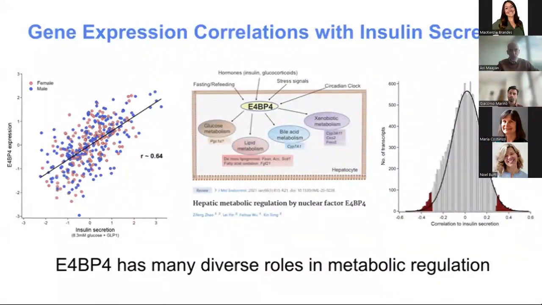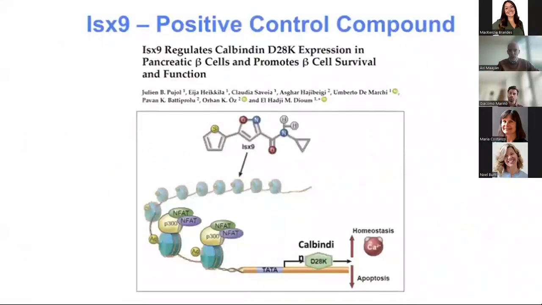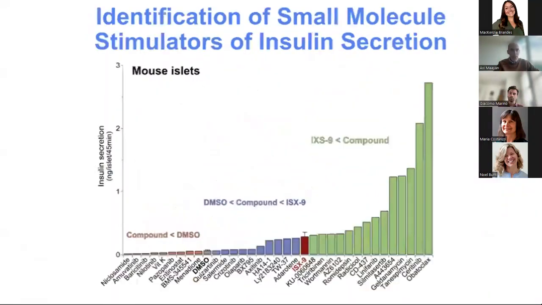And then you can submit it to SigCom LINCS, and we use this new consensus signatures KS test approach. To test those drugs, they also needed a positive control. This is a drug called ISX9, which is known to make islets produce insulin when you treat them with it. And this is the result of the screen.